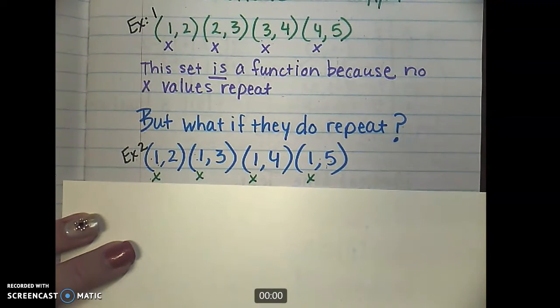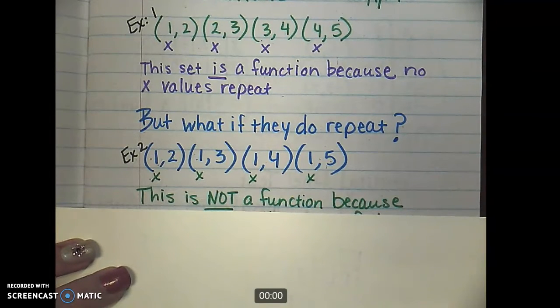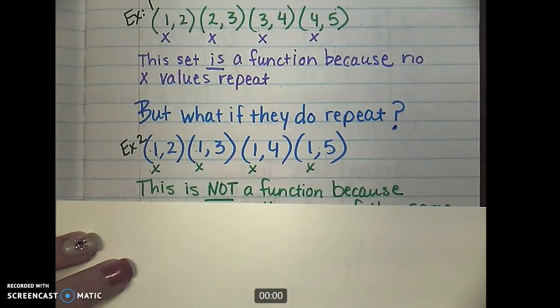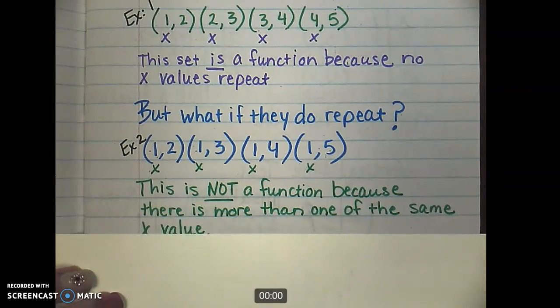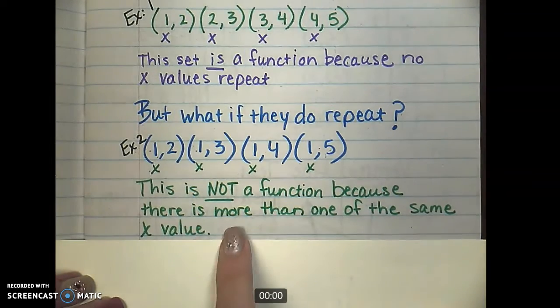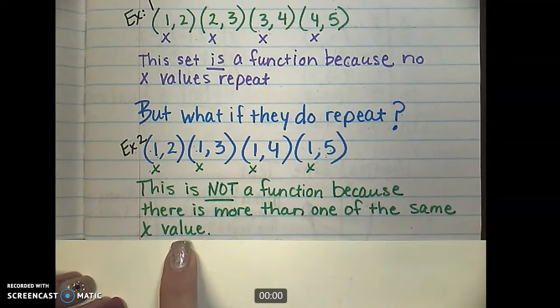And if we take a look at the x values, do we have x values that repeat here? Yes, we do. Therefore, this is not a function, because there is more than one of the same x value. This one is not a function.